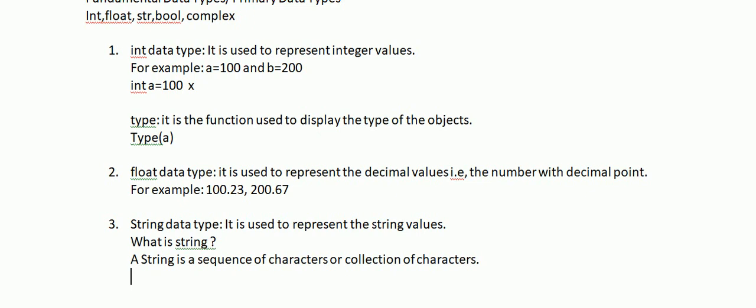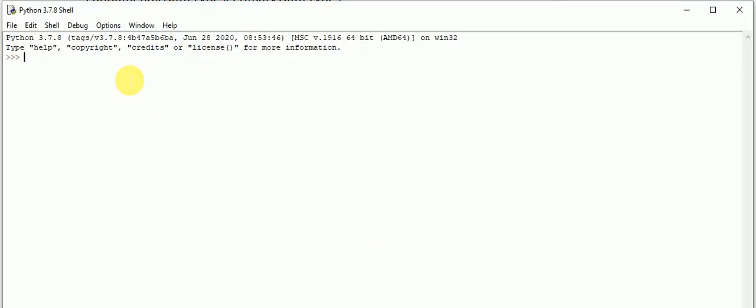Now we will see the execution of the string in the shell interface. So just move on to the shell interface. Here we will take one string variable, s1 equals Python.